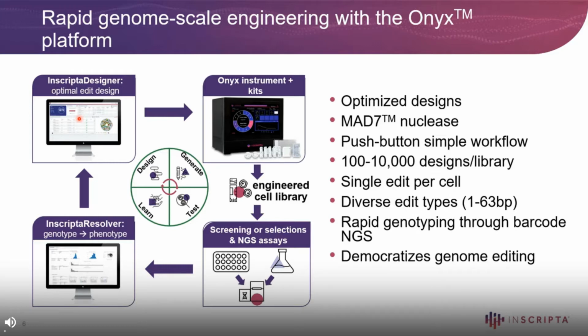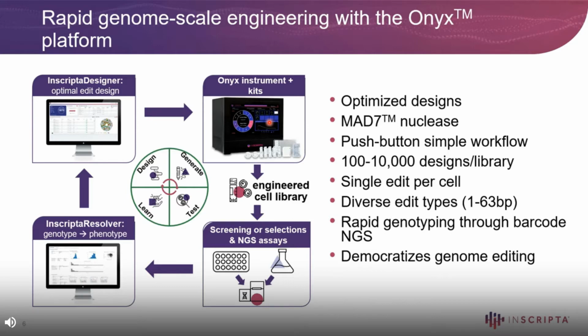After you finish designing your library, which can have up to thousands of different edits, that initiates the manufacturing of the reagents and the consumables that are necessary in order to build that library. In a matter of weeks, you will receive those consumables, which then goes into the second component of the platform, which is the Onyx instrument itself. You put the consumables in along with the cells that you want to build this library in, and you press go.